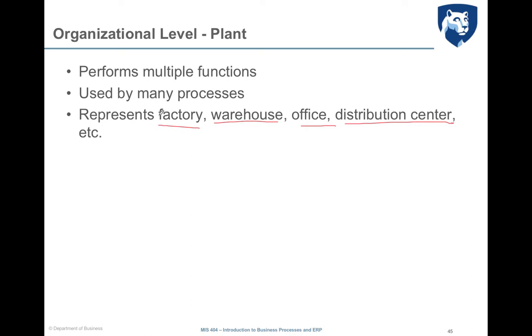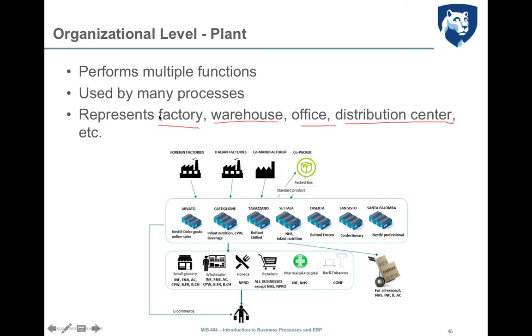If we keep the Nestlé example, you can see from this representation, which is related to Nestlé Food and Beverage in particular, that you have different factories here, each one representing these different distribution centers, which are also factories, specialized by products.